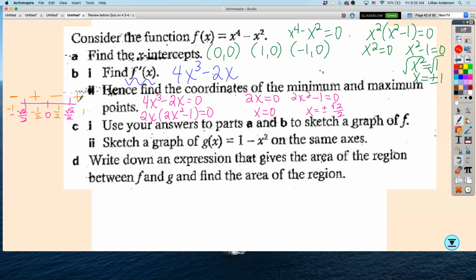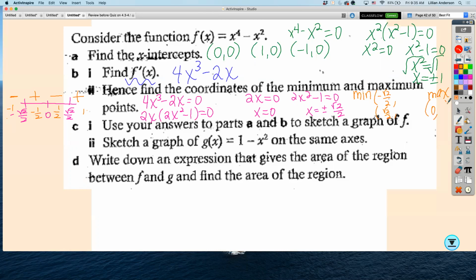If I go from negative to positive, that means we have a what? A minimum. So we actually have a minimum at negative root 2 over 2 and positive root 2 over 2. And then at 0, we have a maximum because it goes from positive to negative.